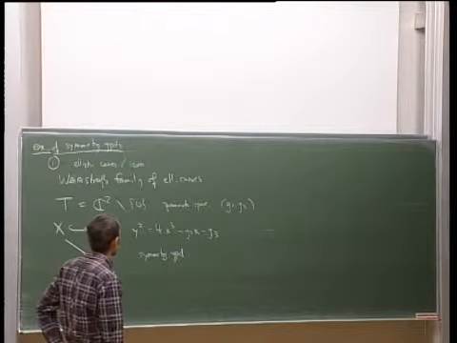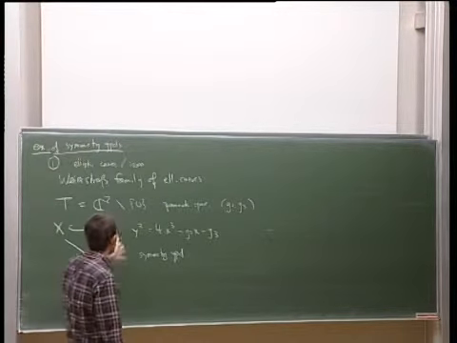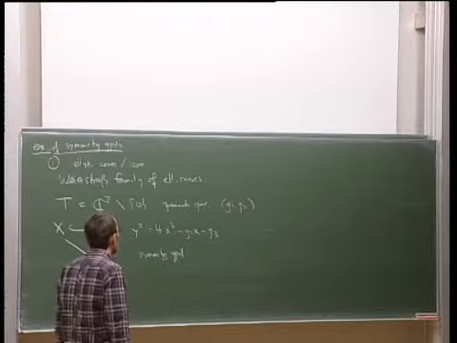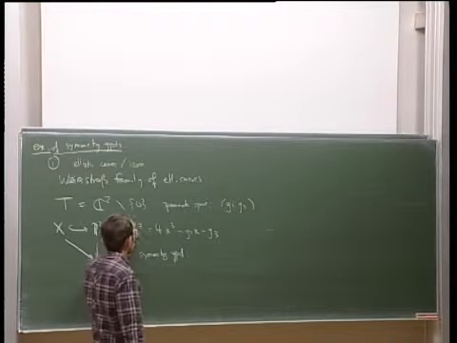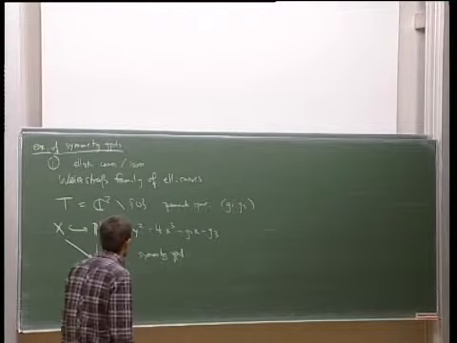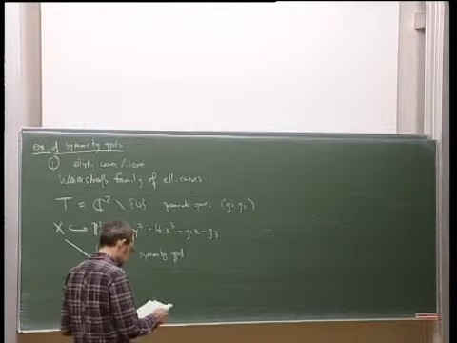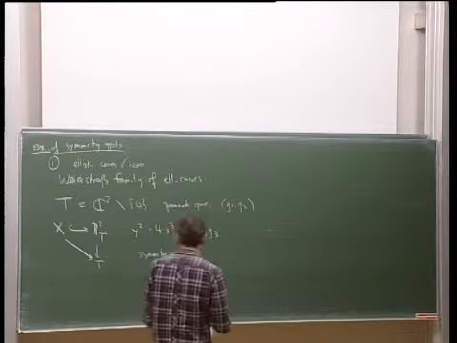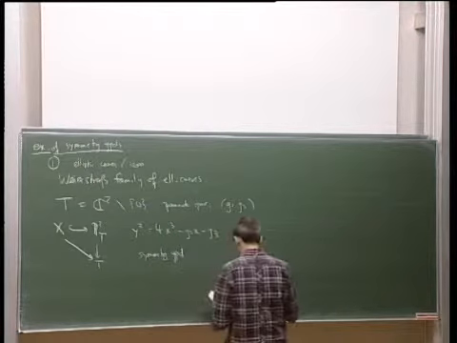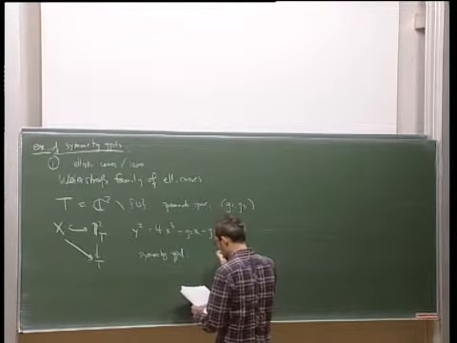What is the general isomorphism? When are two of these curves isomorphic? And what are the symmetries of the individual curves? And so let me just give you the answer. You can convince yourself that this is true.